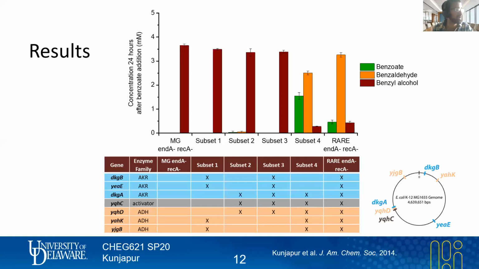So we were very lucky in some sense that we could do these knockouts and then do the measurement where we look at concentration 24 hours after benzoate addition. And we would start with 5 millimolar benzoate, a reasonable amount to be adding to cells. And we had this MG strain, which is sort of this wild type E. coli.